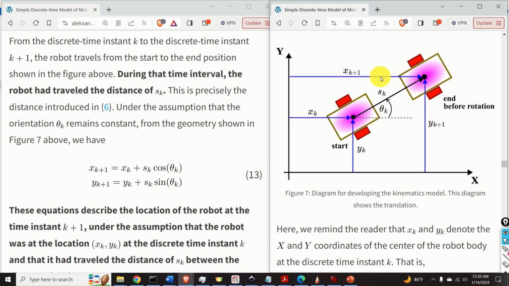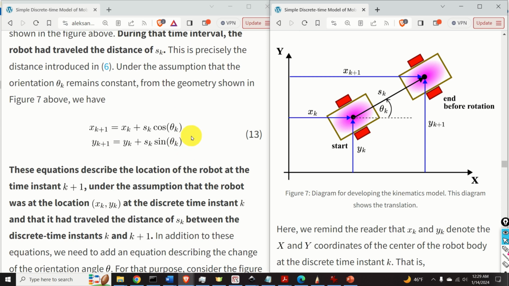Namely, xk plus 1 is actually xk plus this distance over here, and this distance is sk multiplying cosine θk. On the other hand, yk plus 1 is actually yk plus this distance over here. The distance is actually sk multiplying sine θk.